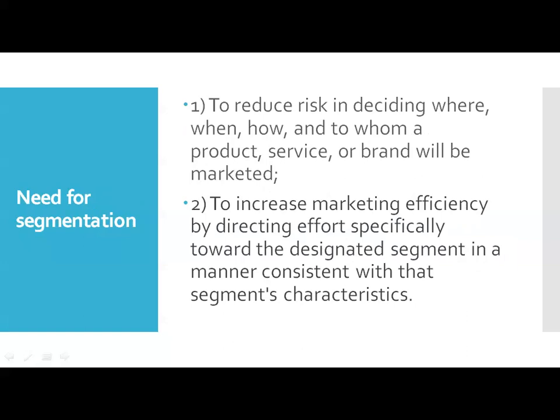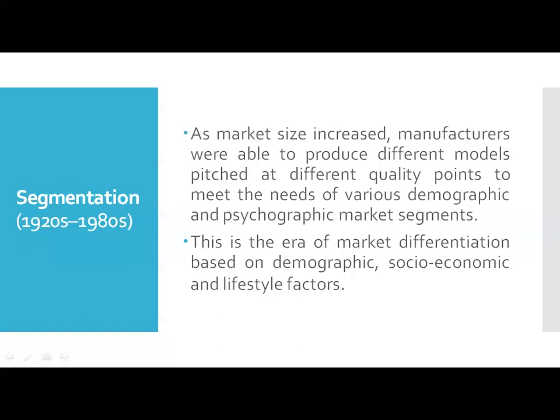After this, the era of hyper segmentation, that is 1980s plus, a shift towards the definition of even more narrow market segments. Technological advancement, especially in the era of digital communication, allows marketers to communicate with individual customers or very small groups.